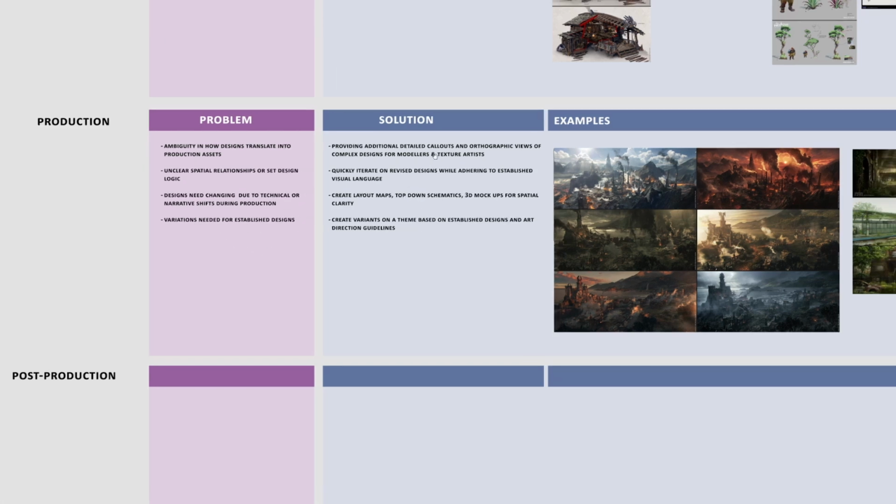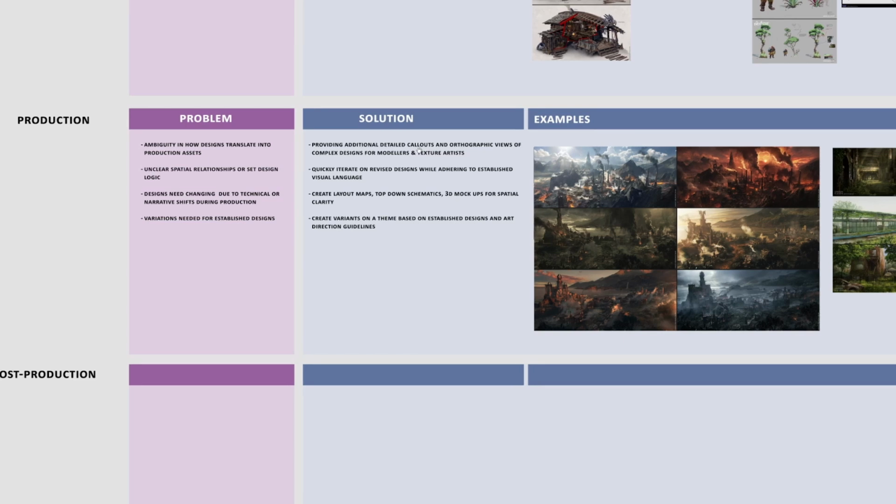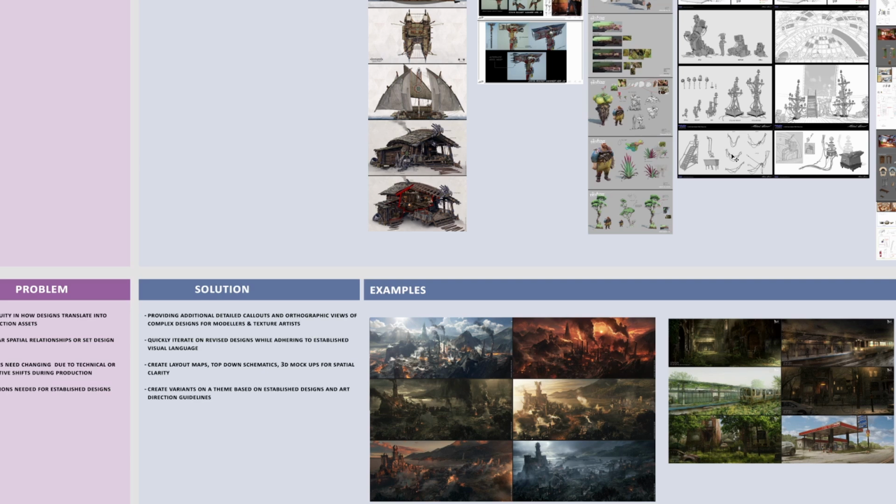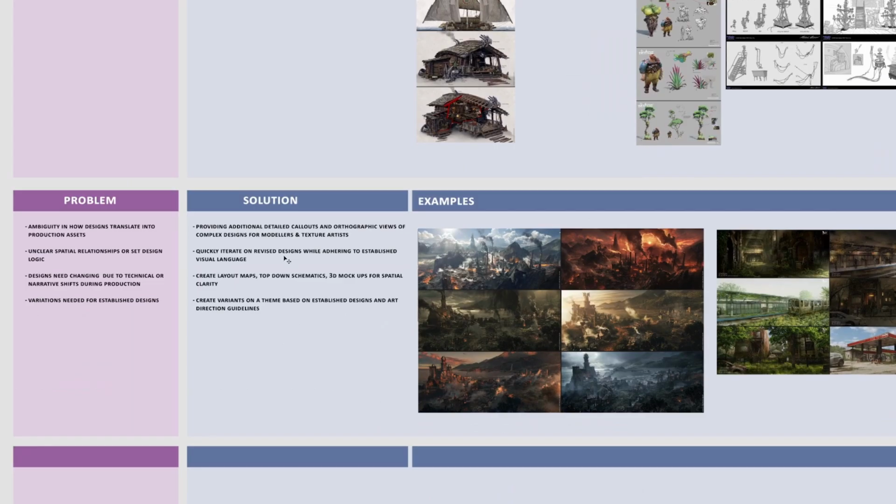So in the solutions column, things that a concept artist will tackle, again, providing more detailed callouts and orthographic views for complex designs. For modelers or texture artists, so picking up anything that may have been left, or a modeler might come back to the pre-production team with some questions, we could quickly iterate on revised designs while adhering to established visual language.